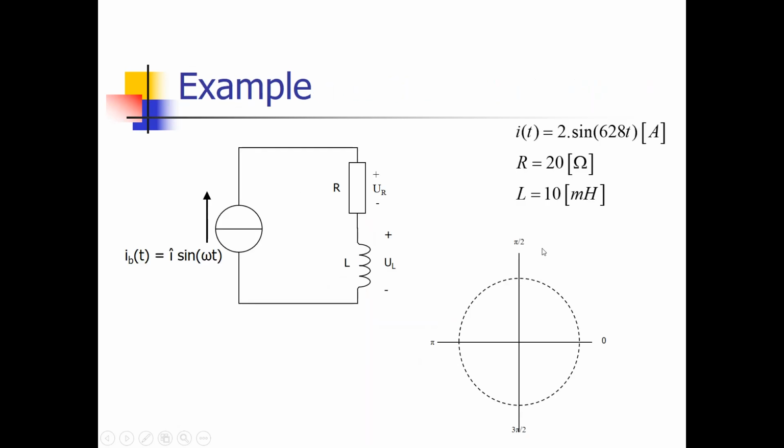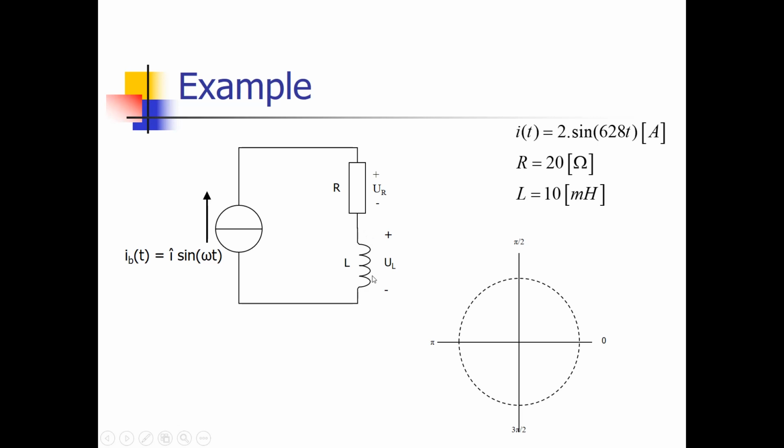Let's do this in an example in which we have a current source over here, and the current source is defined by I is I top times the sine of omega t. So the phase angle of this current is 0, and this current flows through a series connection of a resistor and an inductor.